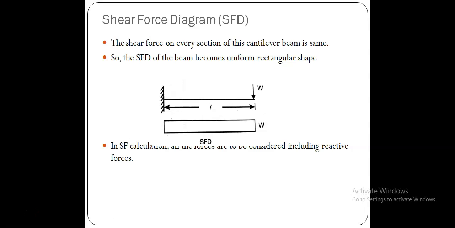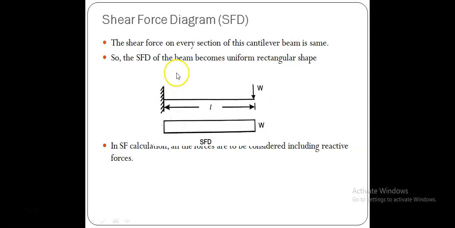Next, let us see how we can draw the shear force diagram. The shear force on every section of this cantilever beam is the same. Since it is a cantilever beam, it has a fixed support at one end and is free at the other end.